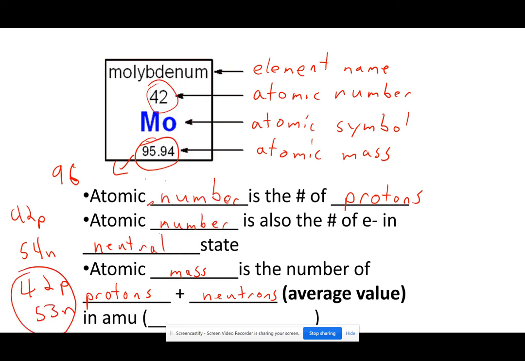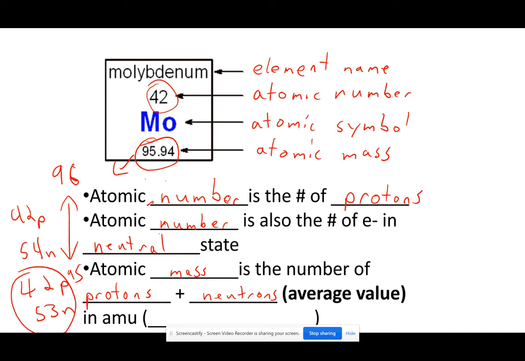And you will find this in nature. And its mass would no longer be 96, it would be 95. And because we can find them in nature and they're naturally occurring, they take an average between these two numbers based on how much of that particular isotope you will find to come up with this decimal.